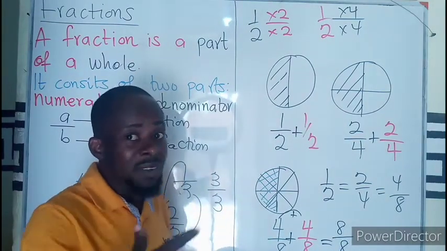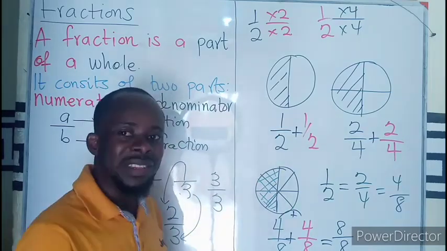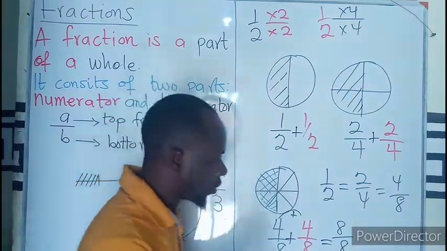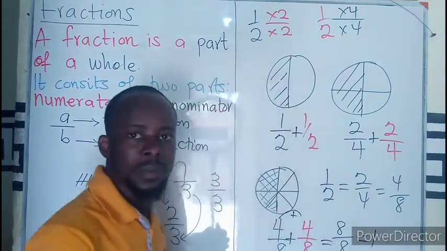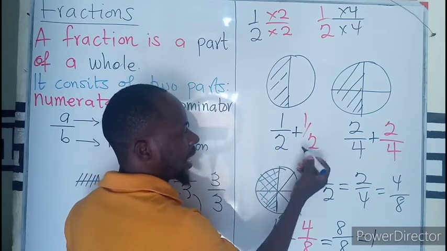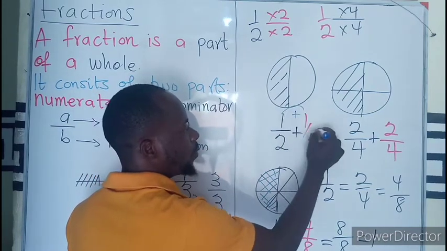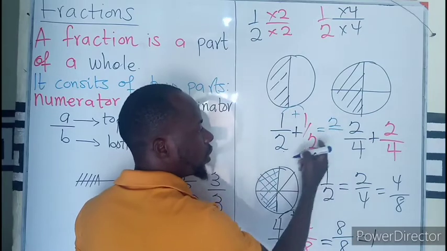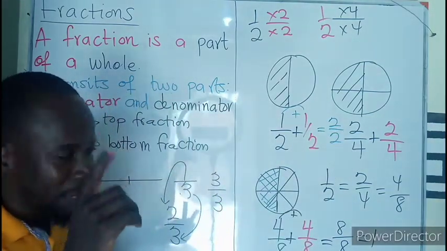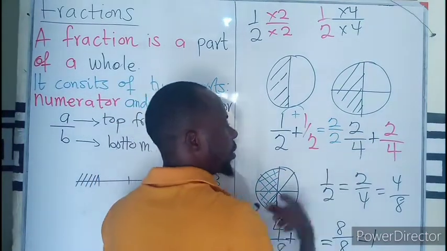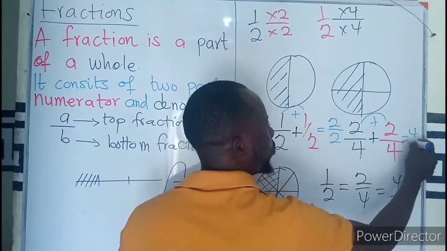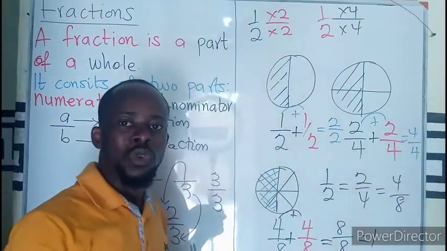I divide it into 8 parts and I've still taken all 8 parts. All belong to me, so it is 1. If we go here, since we have the same denominator, 1 plus 1 will be 2 divided by 2. So that still gives you 1. Then this is going to be 2 plus 2, 4, picking one of the denominators to be the same.